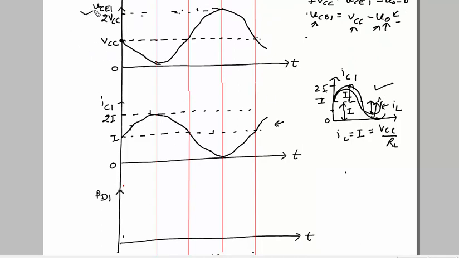So this is VCE1 and this is IC1. Let us see. At this point, at 0, what is VCE1? It is VCC. And what is IC1? It is I. So at 0, PD1 will be VCC into I. Let me write it properly.